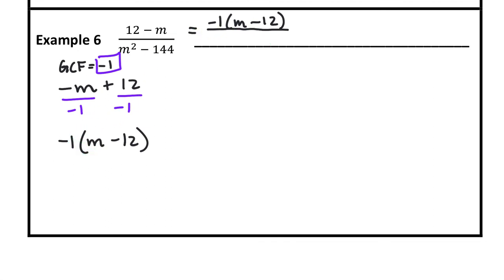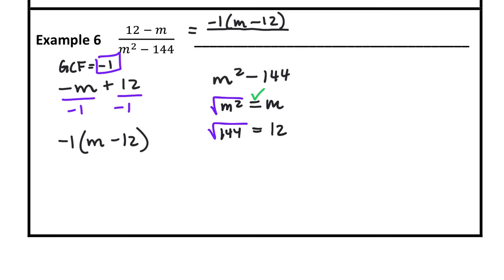Now, let me write down the bottom part of the fraction. That's m squared minus 144. So just copying the bottom over here. And we should see that it's a difference of squares. Can I square root m squared? Can I square root 144? Yeah, the square root of m squared is m. The square root of 144 is 12. So yeah, both of them can be square rooted. This is my a.